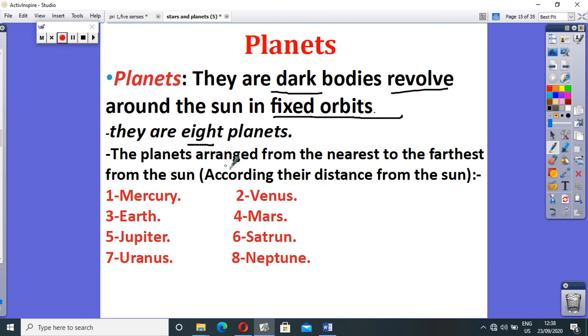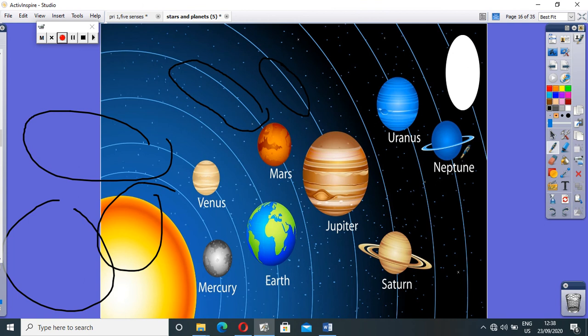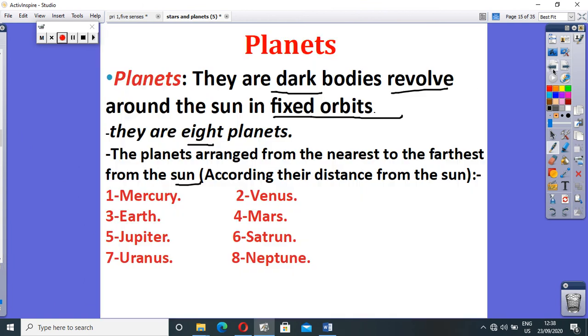The planets are arranged from the nearest to the farthest from the sun. The nearest planet is called Mercury. After Mercury, Venus. After Venus, Earth.